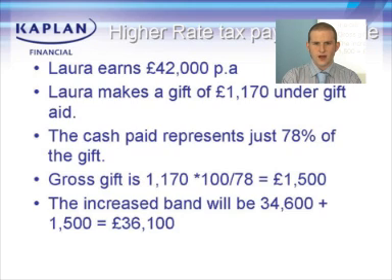And that will give us 1,500. That's what we're going to increase our basic rate band by. So the normal basic rate band is 34,600. So therefore, Laura's basic rate band will now go from 34,600 up to 36,100, which is just the 34,600 we normally get plus the 1,500 extra.